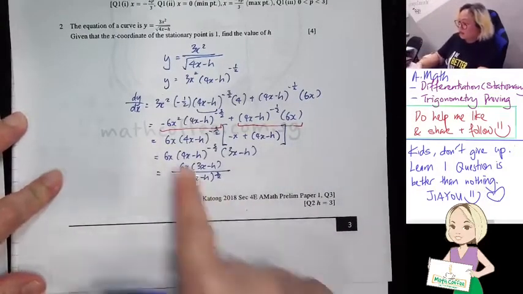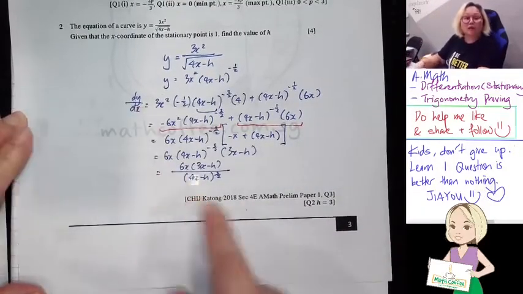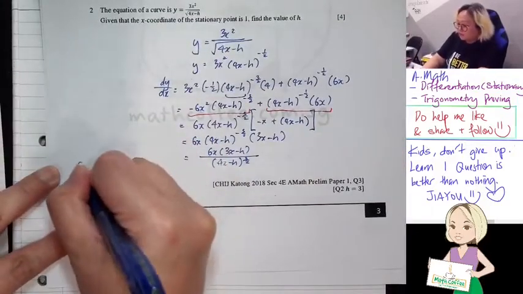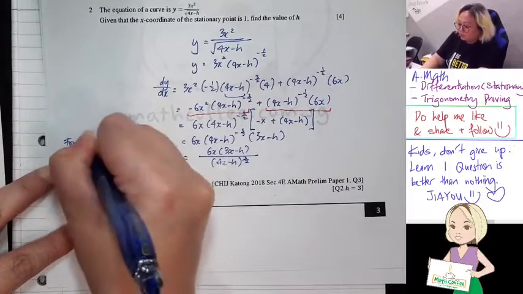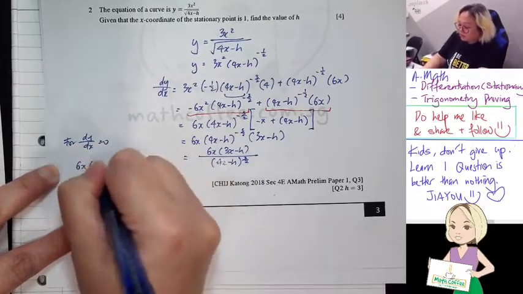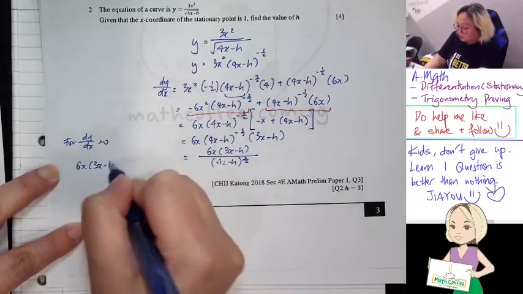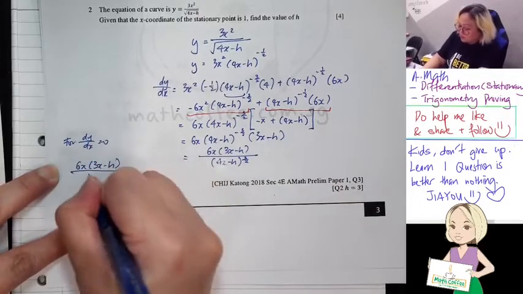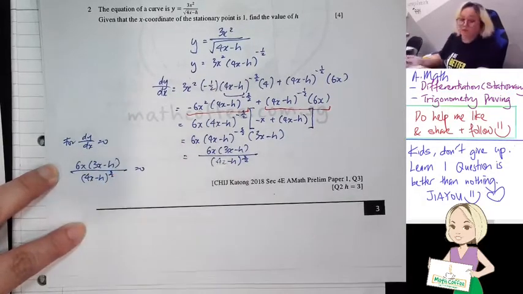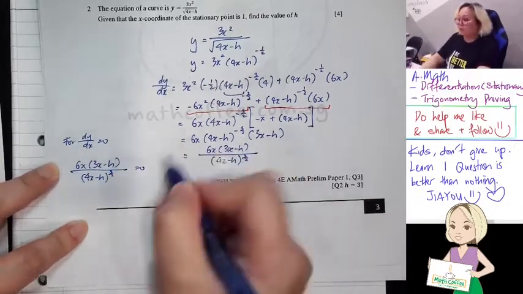So after that, I want to do dy dx equals to 0, right? So let me just write at the side here. Now I'm doing for dy dx equals to 0. It will be 6x, 3x minus h over 4x minus h to the power of 3 over 2 equals to 0. Okay, don't have to worry. Why? Because we put 0 over 1.